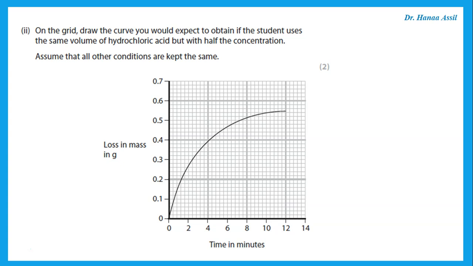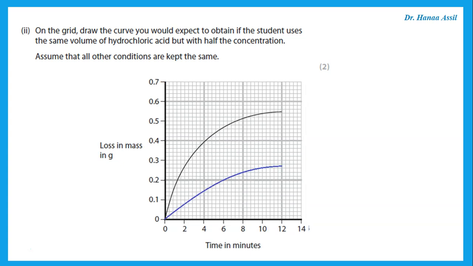So if I am using half the concentration, then I will have half the final volume of gas. The amount of gas formed will be half if I am using half the concentration of the limiting reagent. If we were talking about the excess, it wouldn't make a difference. It will just make the reaction faster or slower. But when we're talking about the limiting reagent, that affects how much product I get.